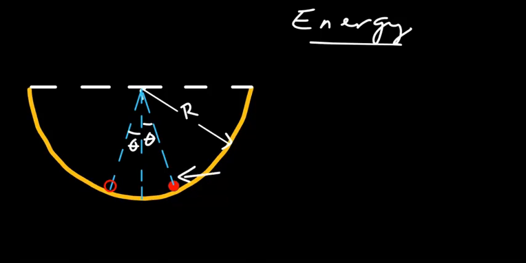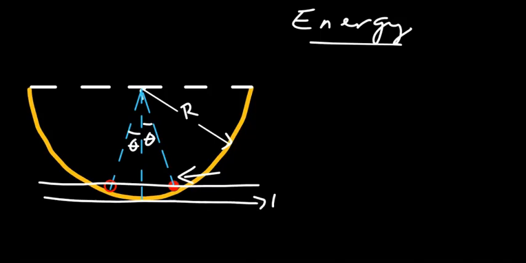When the object is at that part of that circular track, it would have a certain amount of gravitational potential energy and kinetic energy. I'm going to take this level here to be the level where the potential energy is 0 joules. So the total energy of the system, which is a constant, equals the sum of the gravitational potential energy and kinetic energy.